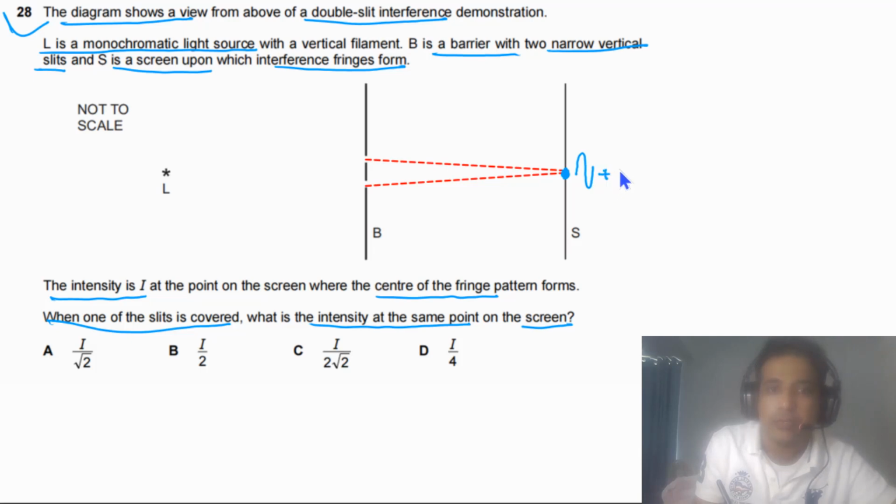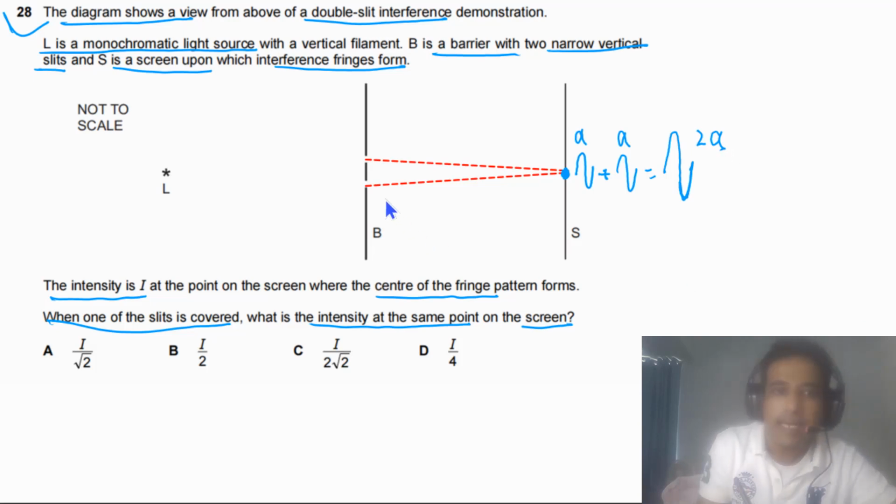We can imagine these are two waves, they meet at this point, they are in phase and they form a center maxima, meaning the super wave. We can also imagine the amplitude of this wave is A, and the amplitude of this wave is A. So the amplitude of the resultant wave has to be equal to 2A.